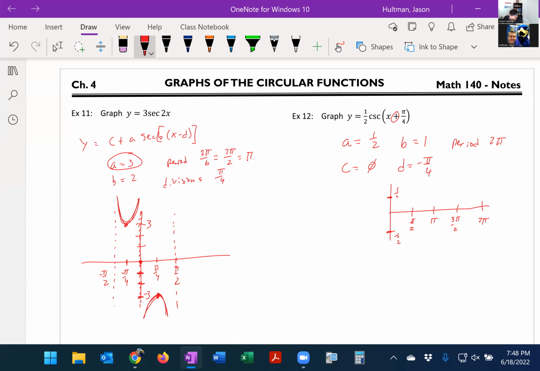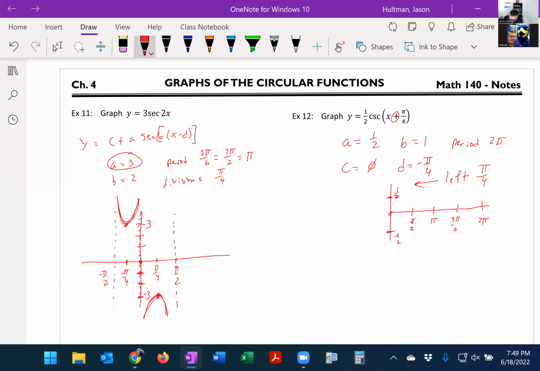So that's a vertical compression, down by a factor of 1/2, half as high. And the period is the same, 0 to 2 pi. But we're going to have this phase shift to the left.